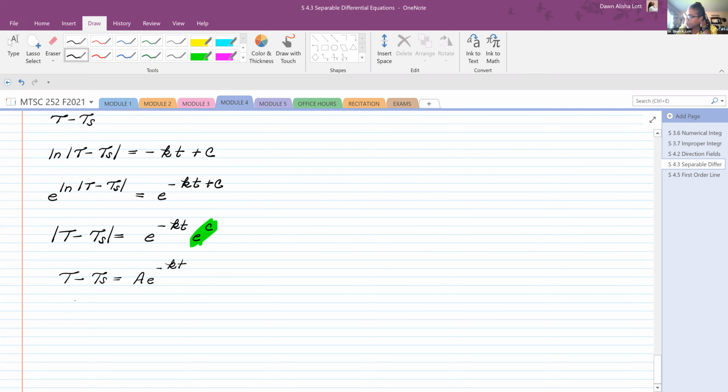So T is equal to TS plus A e to the negative Kt.